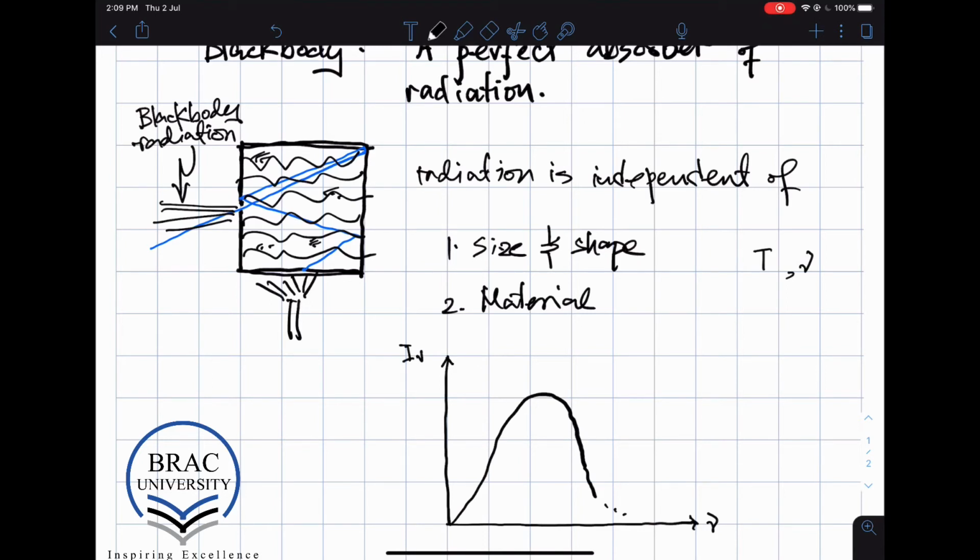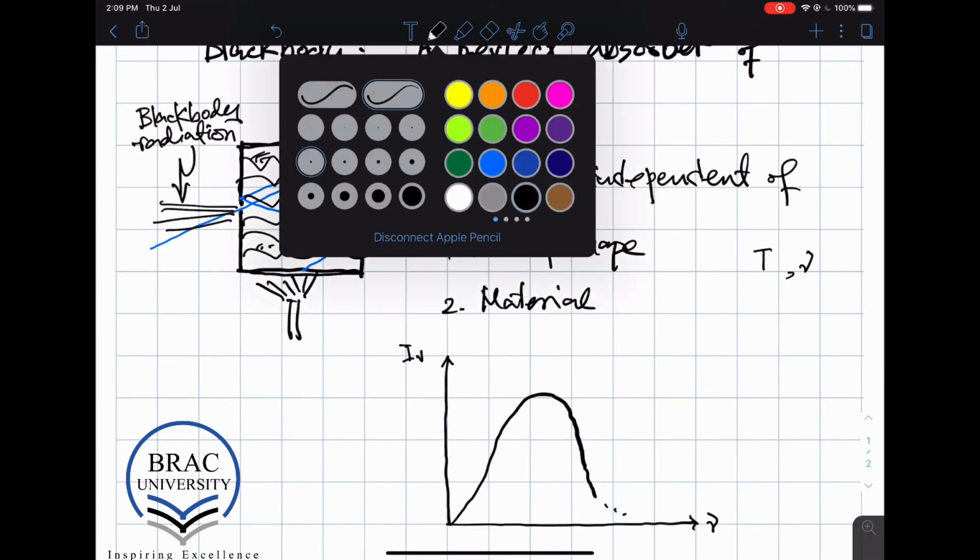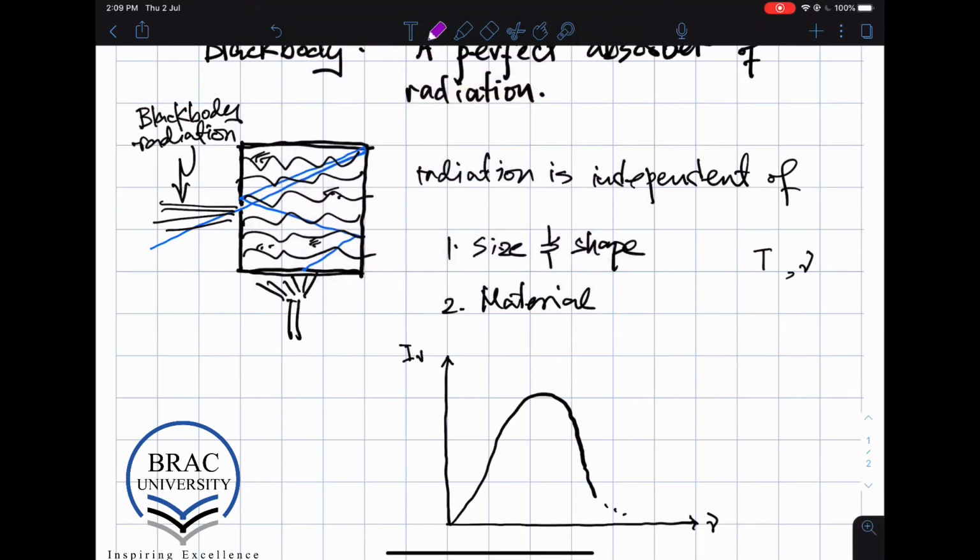And then what people did is that they tried to predict or derive this curve using classical electromagnetism. And the best result that they could get is known as the Rayleigh-Jeans formula. Let me write that down. It's two people, Lord Rayleigh and Jeans.